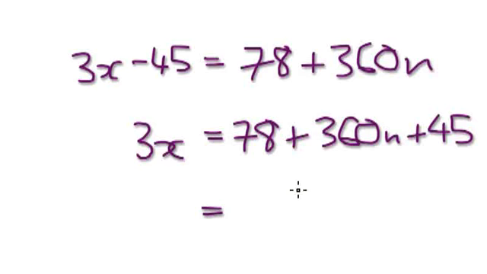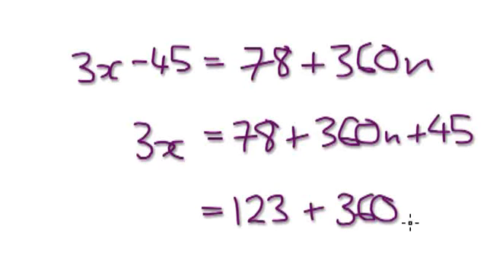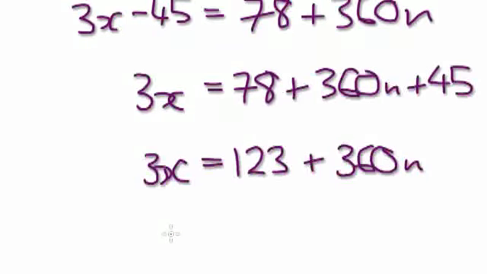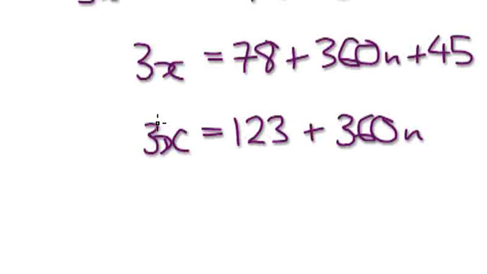So this will become 123 plus 360n. Remember that this is a single number here. This is something else. You can't merge it with this 360 because there's an n in there. Well, anyway, this here will become this, and then divide everything by 3 here to get x on its own.